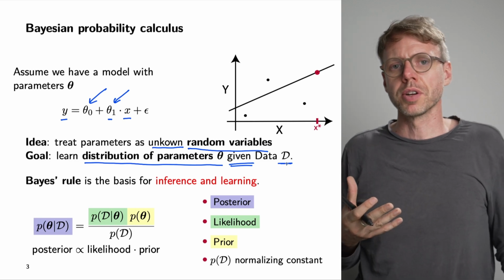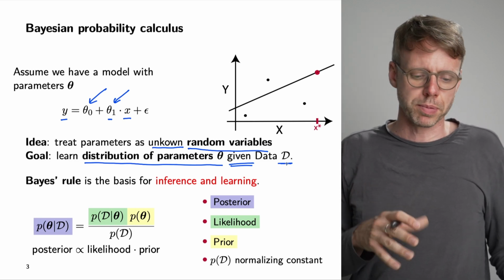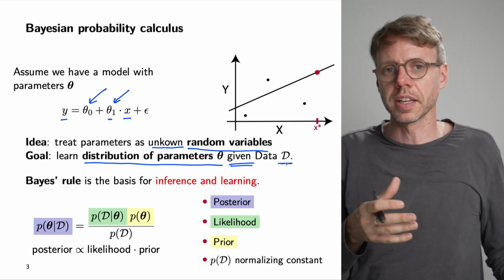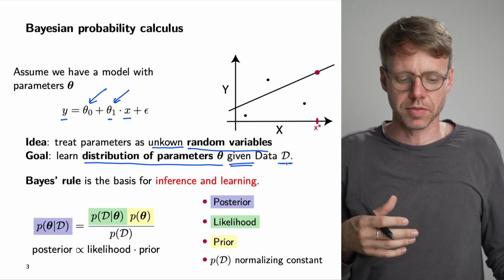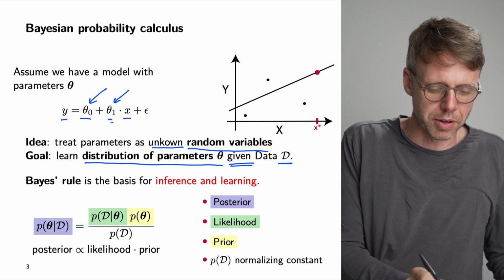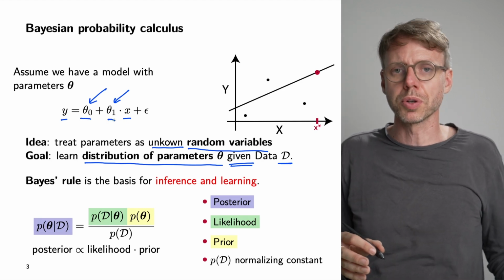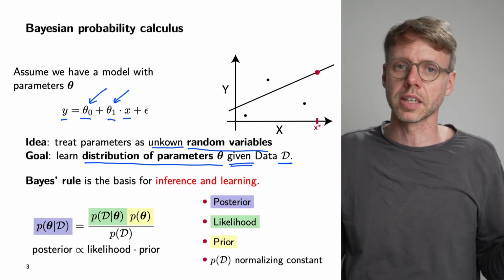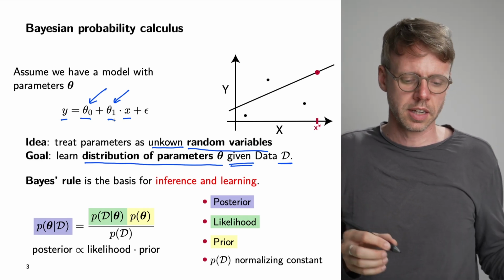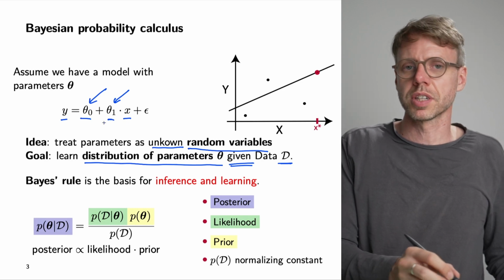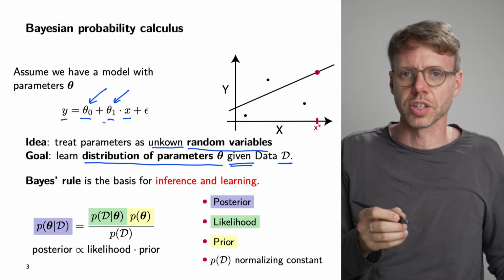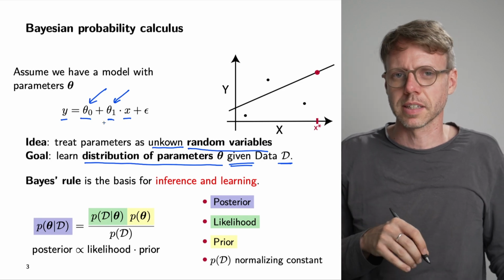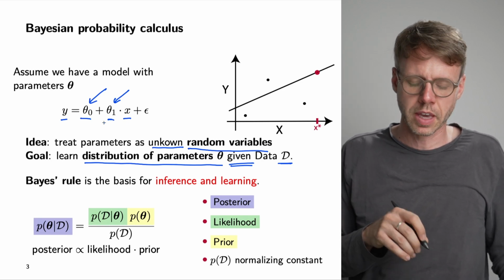Now, we might already know something about these parameters. For example, we could identify sensible value ranges. On our linear regression model, we could say we don't want these parameters to be too large in magnitude. If we had extremely large positive or negative values here, we get functions that are quite extreme, which we typically get from overfitting, right?